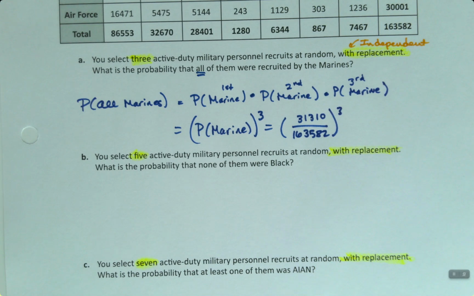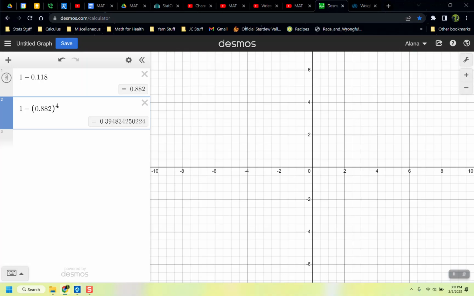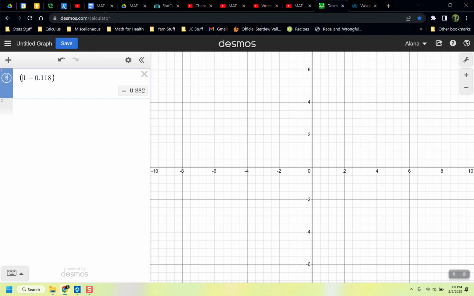Let's go grab this out of Desmos. 31310 divided by 163582. I'm going to raise that to the 3rd power, and it gets me 0.0070.